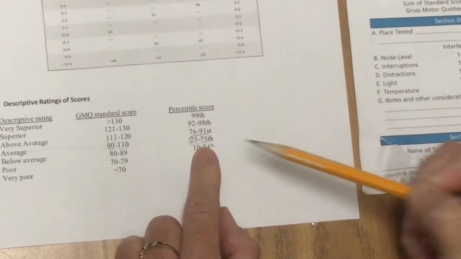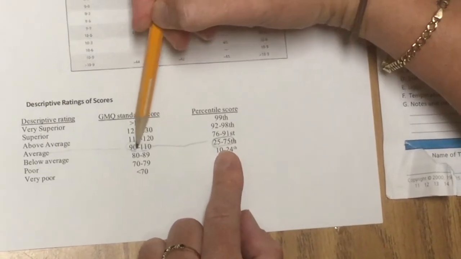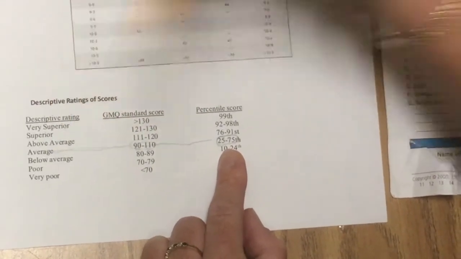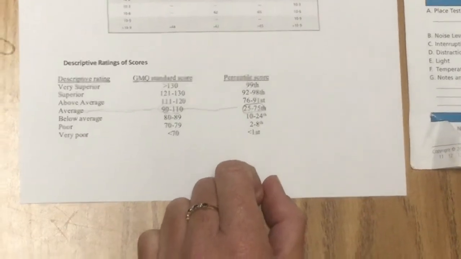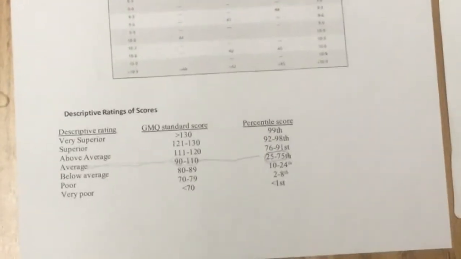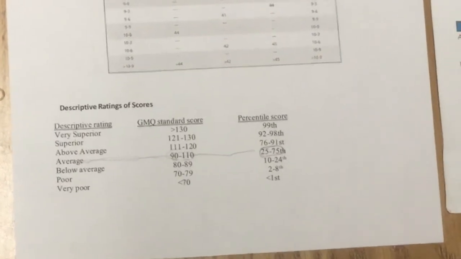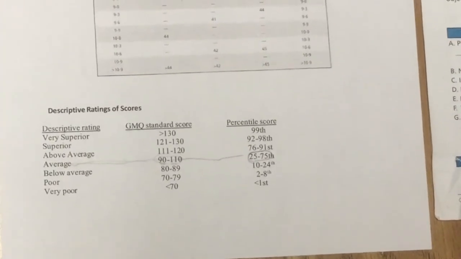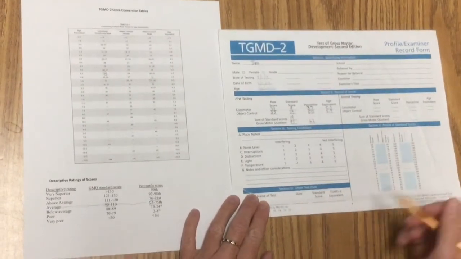So he's going to fall in there, which going across also falls in the average range. So when you're writing your reports, this can be useful to give parents information about little Jim is average motor skills for his age.